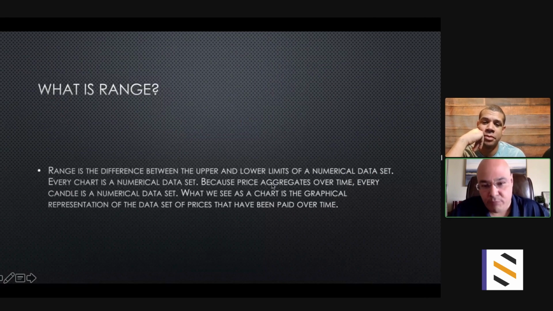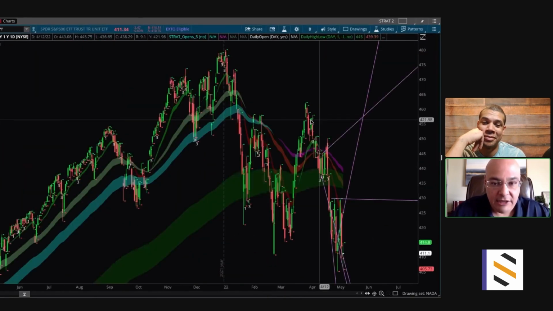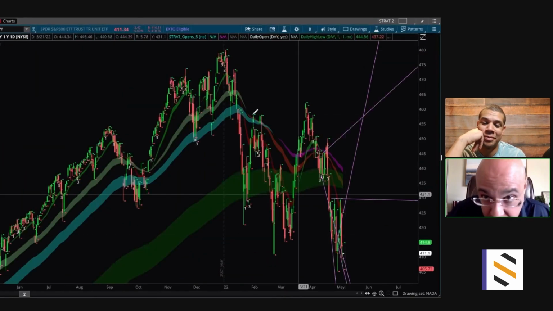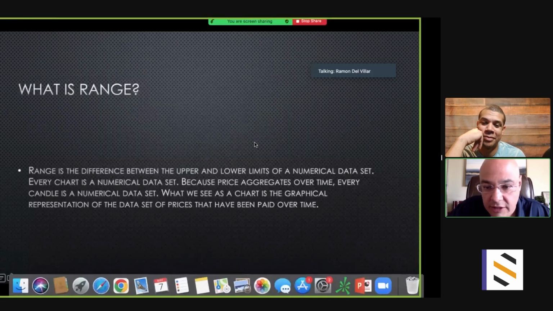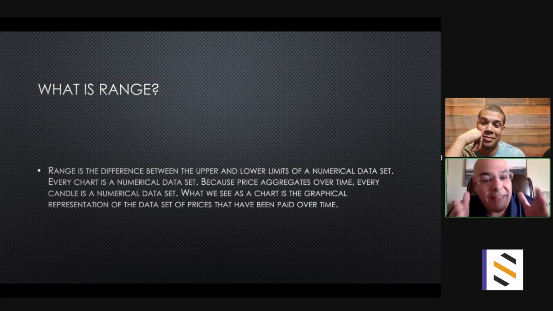So because price aggregates over time, every candle is a numerical data set. So not only is the entire chart a numerical data set, each candle on its own is a numerical data set, representative of the historical prices that were paid while that interval was active, right?